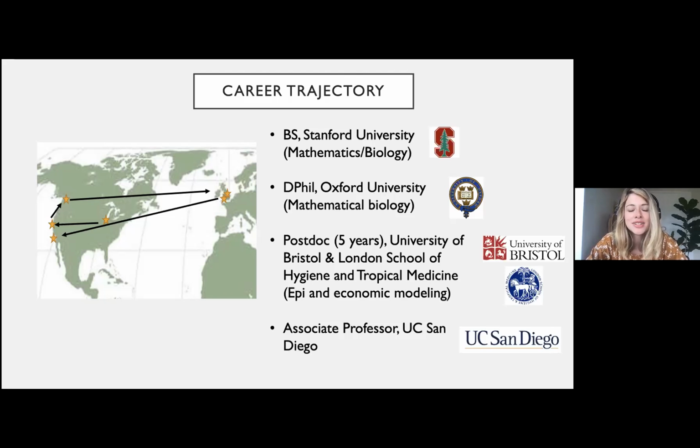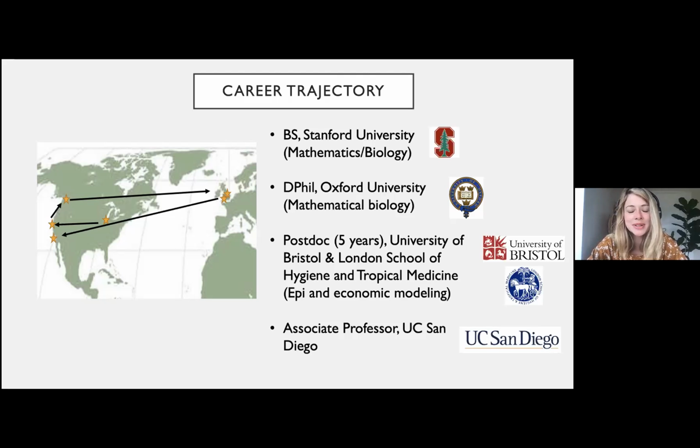And so I started working with her on that, and I was hooked. It was exactly what I wanted. It was taking my quantitative skills in mathematics and applying them to a medical problem. And I knew from the beginning that was exactly what I wanted to do.